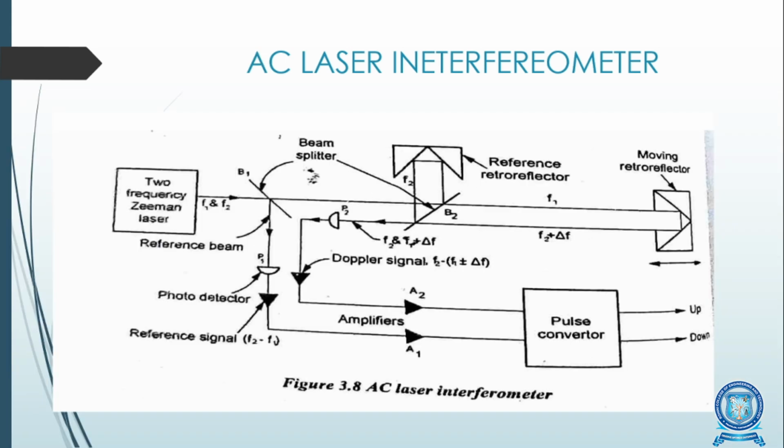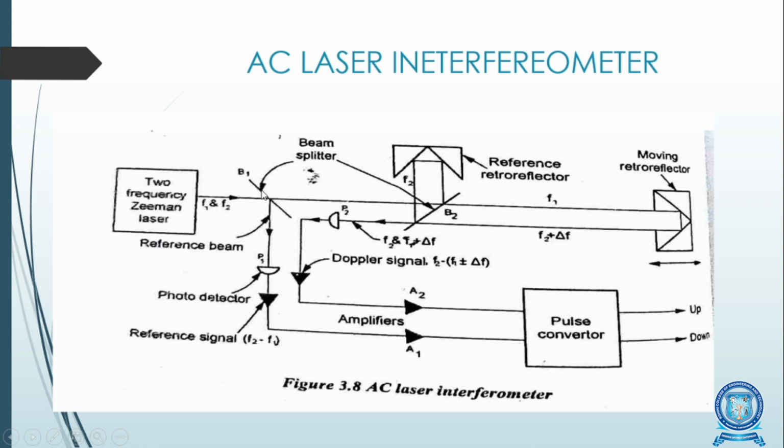Next one is the AC laser interferometer. In this AC laser interferometer, there is a 2 frequency Zeeman laser, a beam splitter, a fixed internal cube corner and a moving internal cube corner or external cube corner, and there are photo detectors, amplifiers, and a pulse converter.